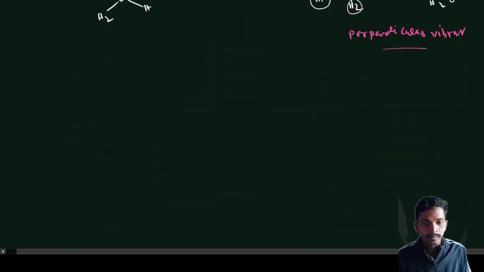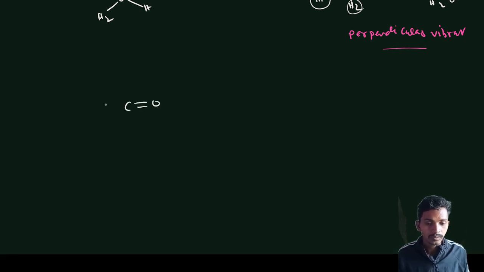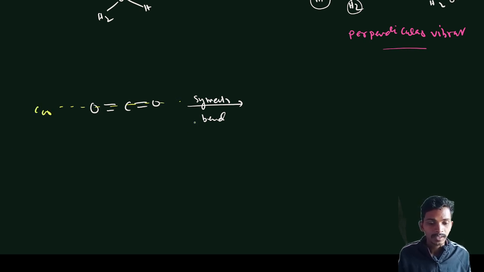now let's take CO2. If I do symmetric bending, here we see that the principal axis is C infinity. Now I am doing the symmetric bending. I will bend this one in this direction, and again bend this one in this direction, so the O's come here and here.